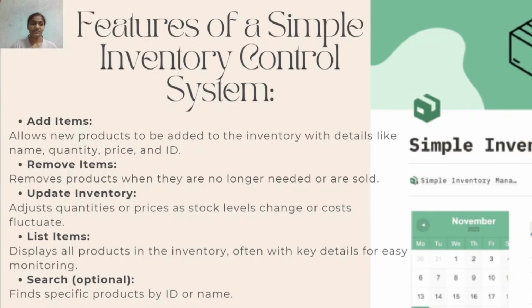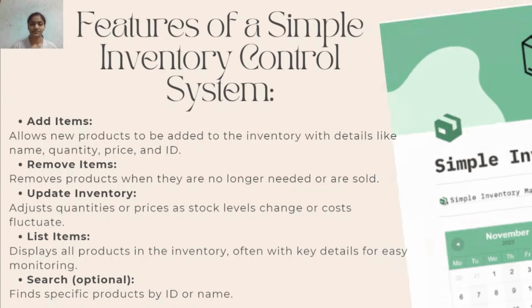Update inventory adjusts quantities or prices as stock levels change or costs fluctuate. List items displays all products in the inventory, often with key details for easy monitoring. Finally, the last one is search, which helps us to find specific products by ID or name.